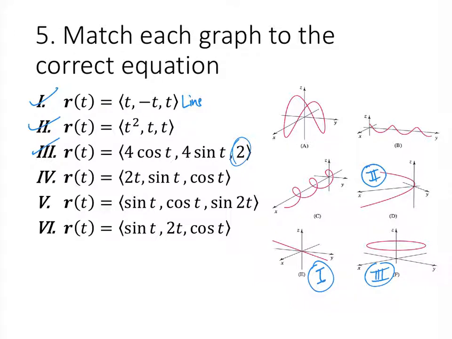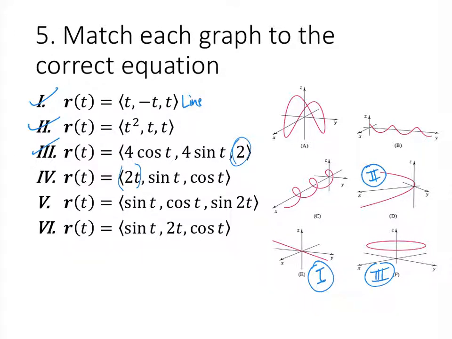Now looking at Roman numeral 4, let's temporarily ignore the x component and put that aside for a second. We see that the y component is sine of t, and the z component is cosine of t. And we know that in the xy plane, if we have one coordinate being sine and the other coordinate being cosine, we will get a circle, we get rotation. So we might imagine that this graph would have rotation in the yz plane.